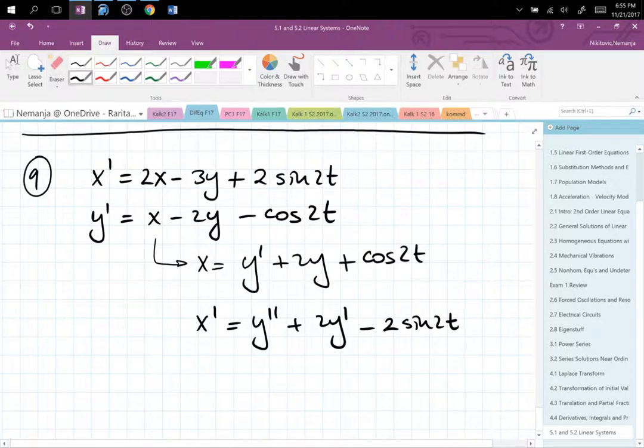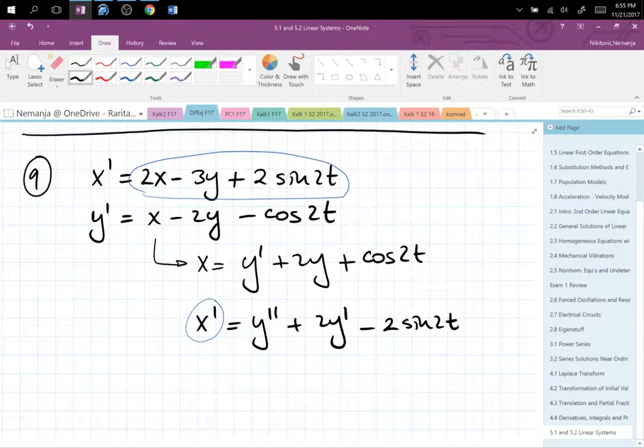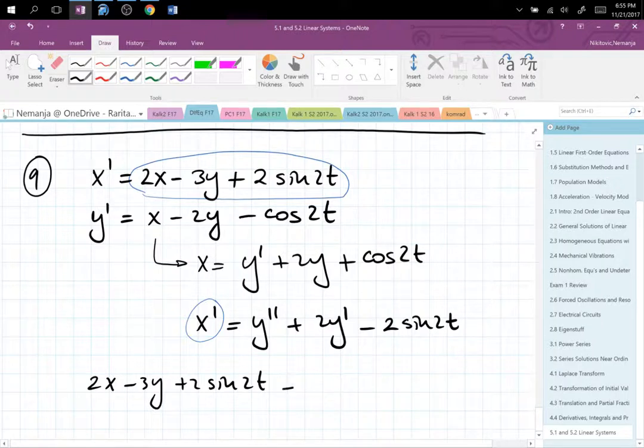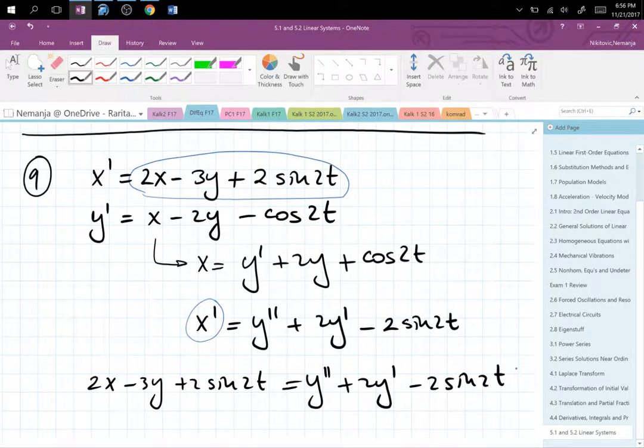So instead of x prime, I have this that goes in. So I have 2x minus 3y plus 2 sine 2t is equal to y double prime plus 2y prime minus 2 sine 2t. No, they add, because they're opposite sign, right?